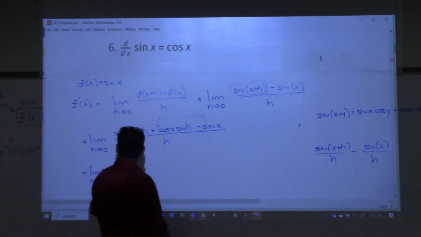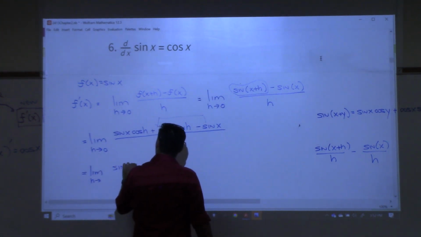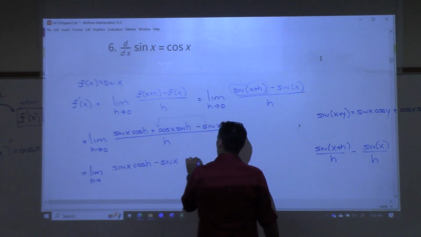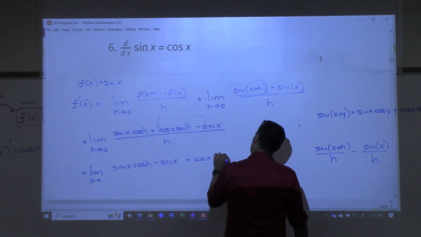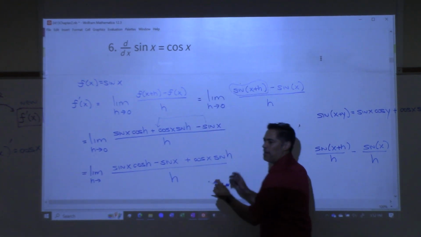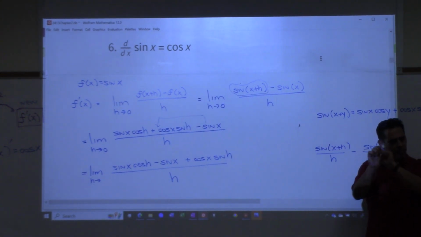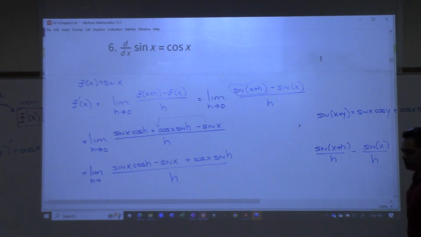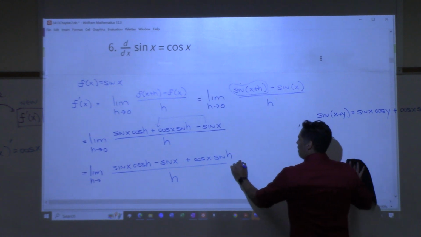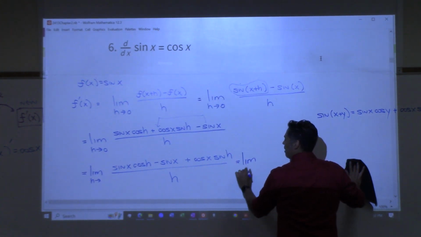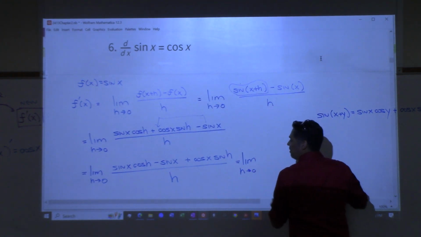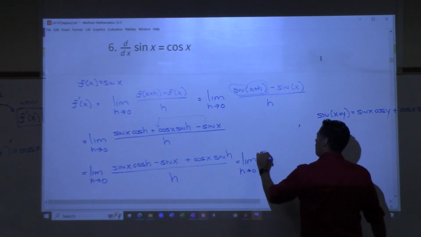I'm going to go sine x cosine h minus sine x, then plus cosine x sine h, and then all of that over h. So I didn't do anything there except a little bit of algebraic manipulation, just moving things around. See where I'm going? I'm now going to split this, oh, I forgot to put the limit as h goes to 0 here. Oops. I'm now going to split this into two different limits.